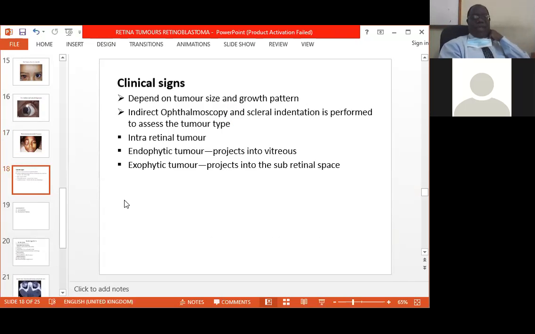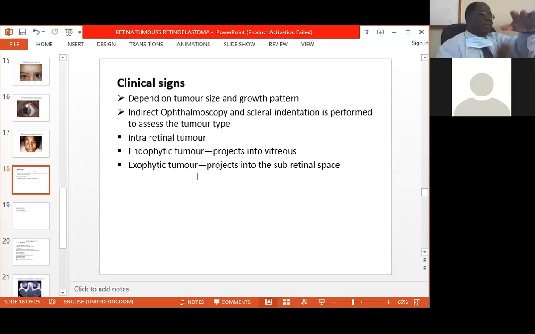Clinical signs depend on the tumor size and the growth pattern. Indirect ophthalmoscopy and scleral indentation are performed to assess the tumor extent. You have to dilate and see how far it has gone. Intraretinal tumor, or endophytic tumor, projects into the vitreous. Exophytic tumor projects into the subretinal space, like it's going outward.